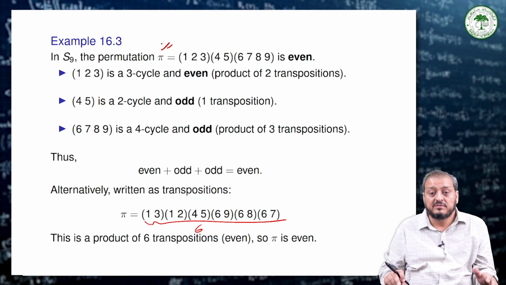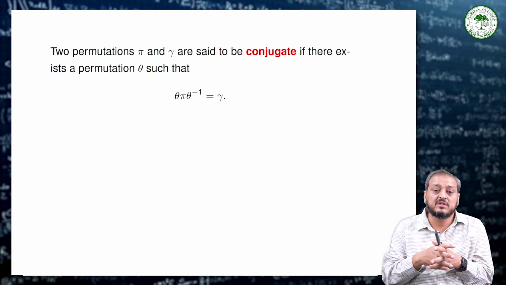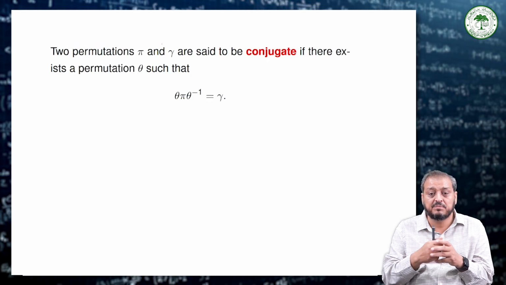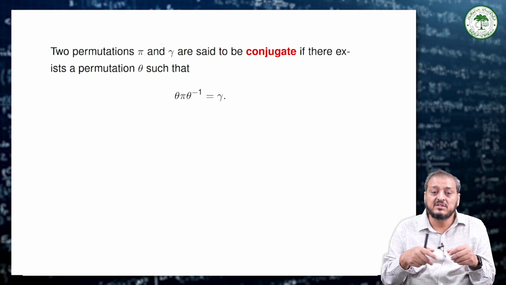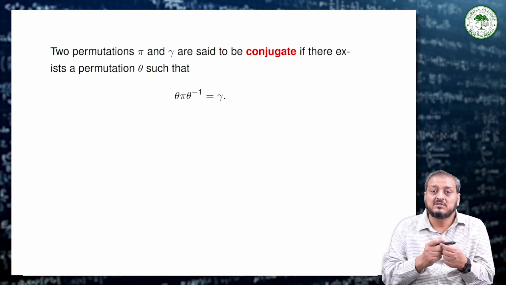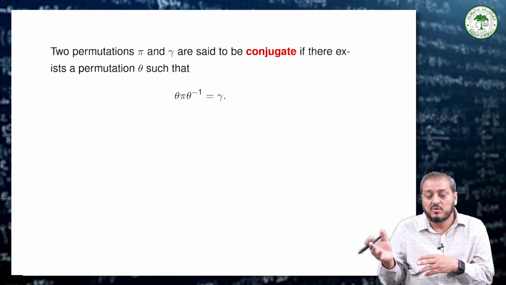Now we say that two permutations pi and gamma are said to be conjugate if there exists a permutation theta such that theta pi theta inverse is equal to gamma.